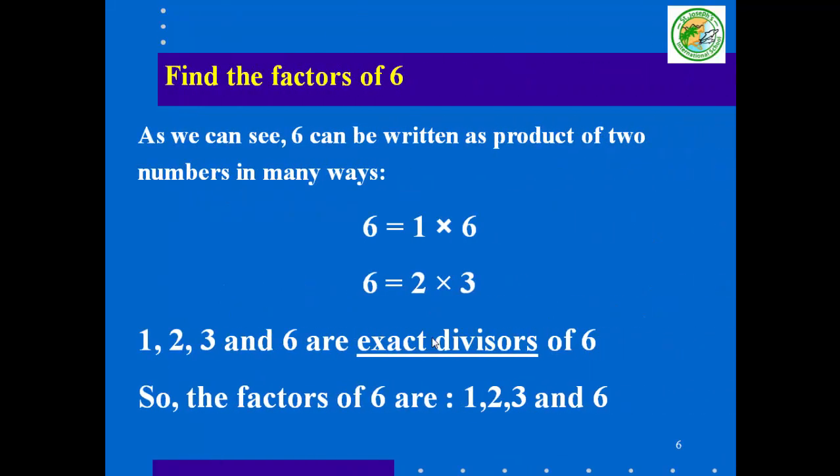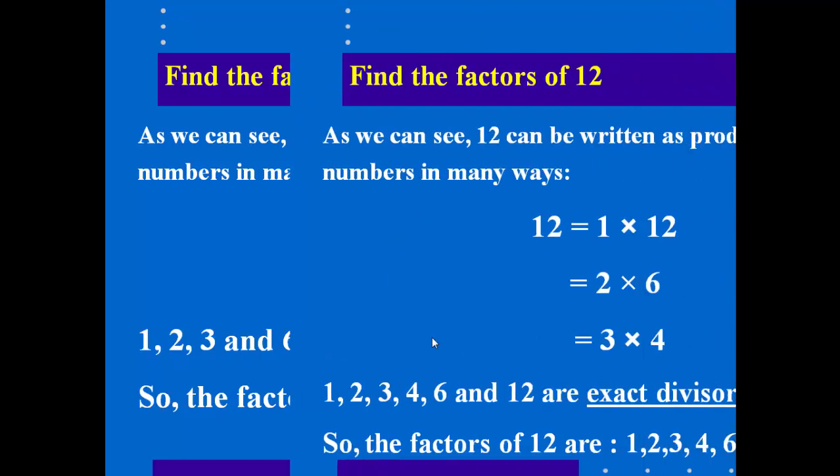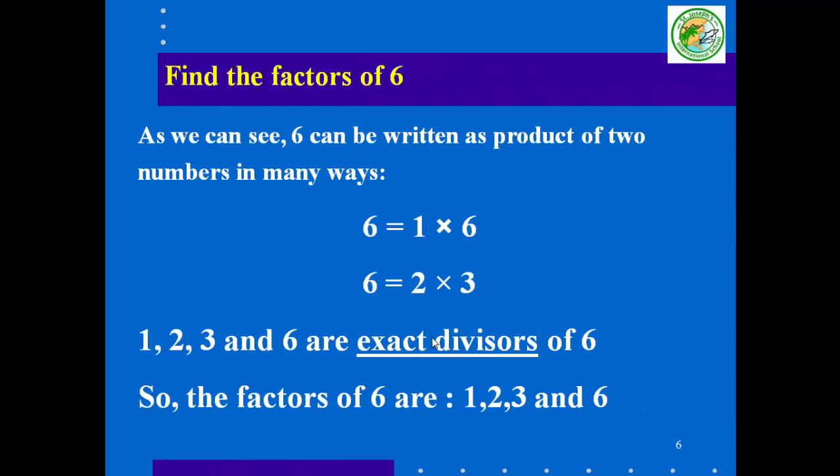Now we want to learn how to find the factors of any number. For example, find the factors of 6. Now we must search for number 6 in all time tables. We start from the 1 time table. 6 comes from 1 times 6. Okay.